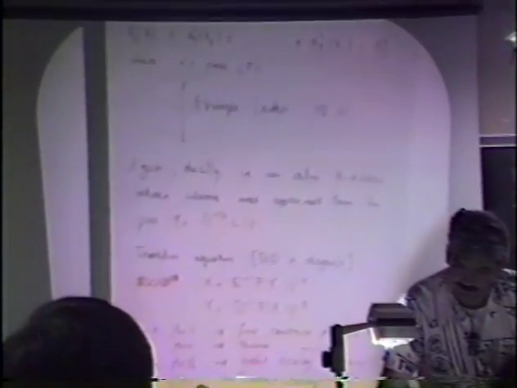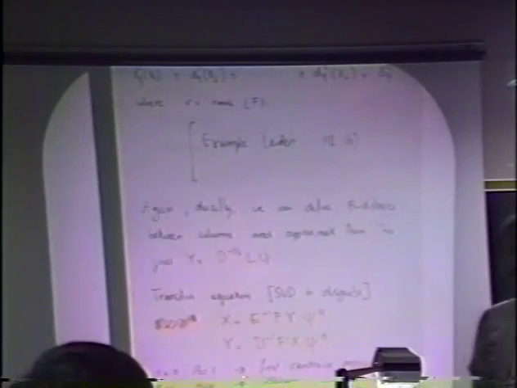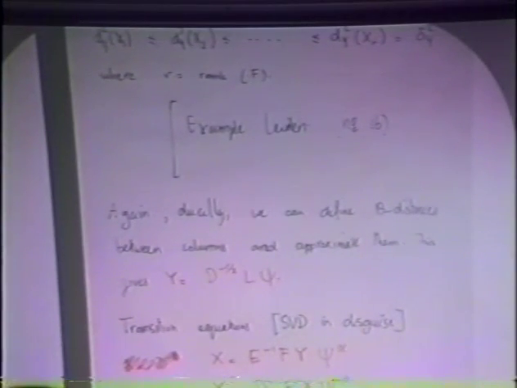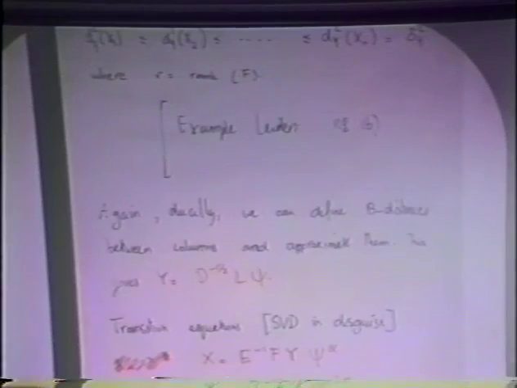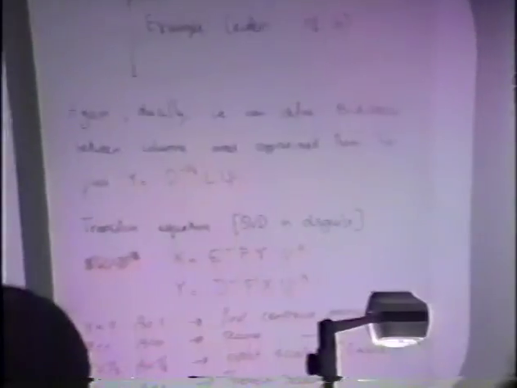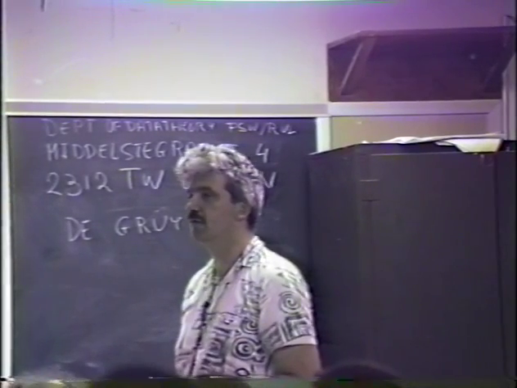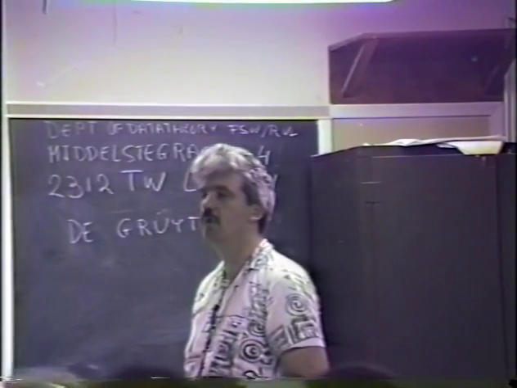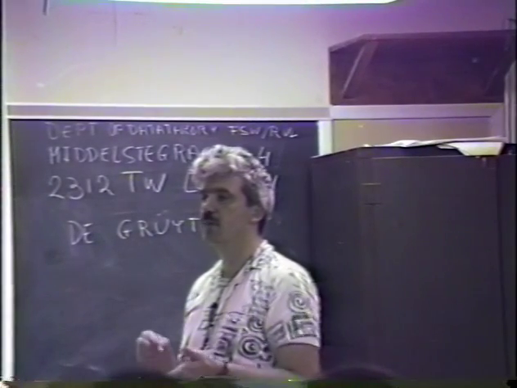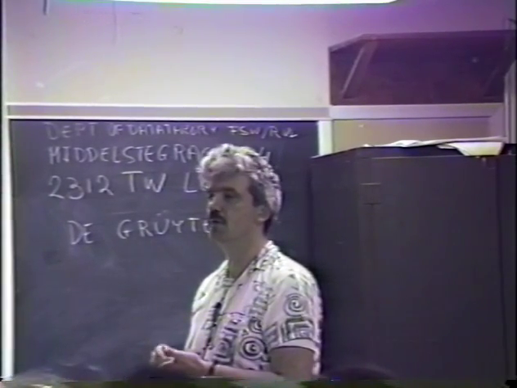Back to this one. Is it basically the same as the biplot of Gabriel? This is one form of the biplot of Gabriel. You can of course apply the biplot technique to any rectangular table, and this is a particular application to frequency tables.